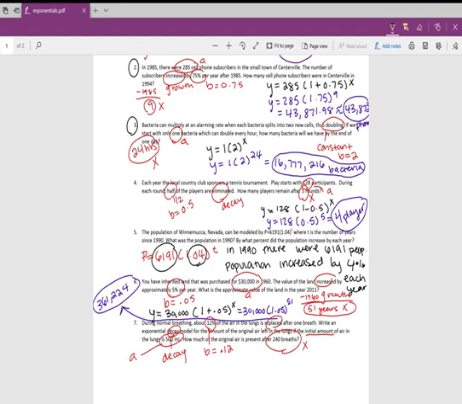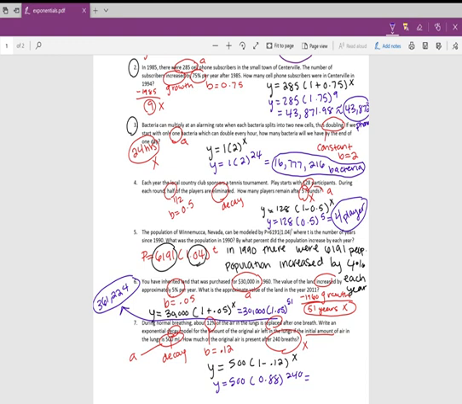Okay, so let's write our equation. Since it is a decay, it's going to be y is equal to A, which is 500, times 1 minus 0.12 to the power of x. And then if we plug in x, we get y is equal to 500 times 1 minus 0.12, which is 0.88, to the power of 240.